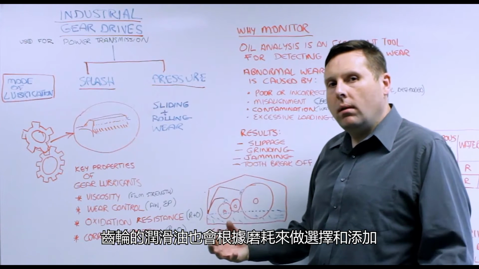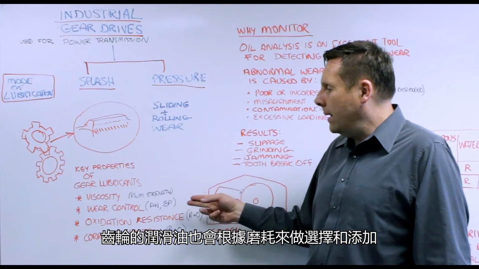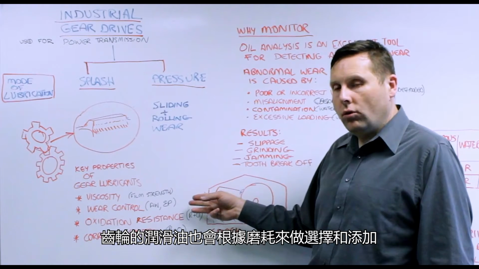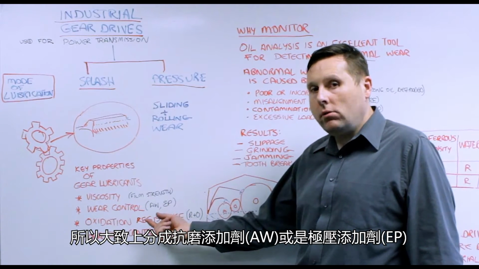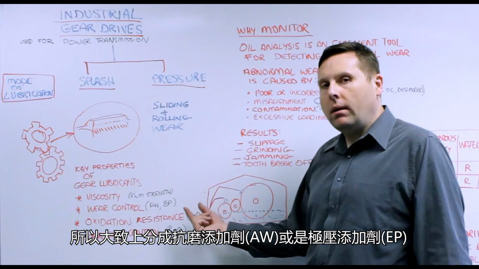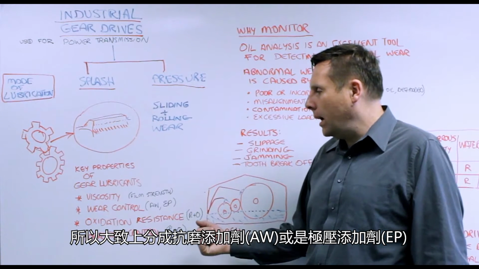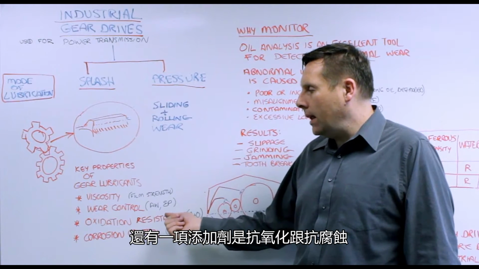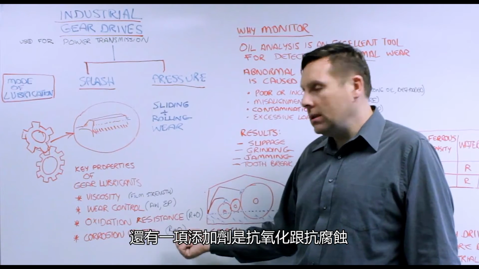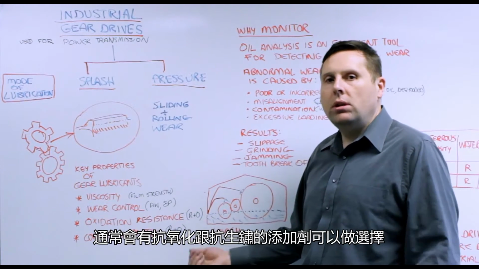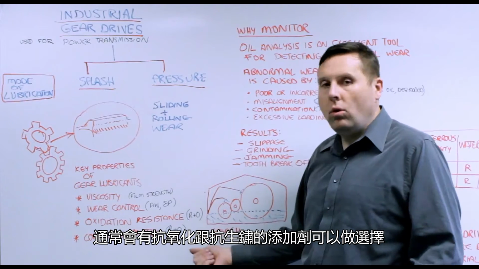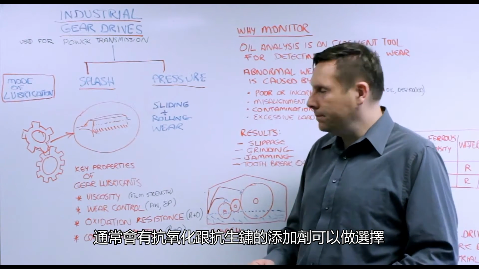But also lubricants are chosen and additized for wear control. So usually there can be an anti-wear or AW, or an EP, extreme pressure additive applied. And they're also chosen and additized for oxidation resistance and corrosion control. Usually there's a rust and antioxidant, R&O, type of additive employed.